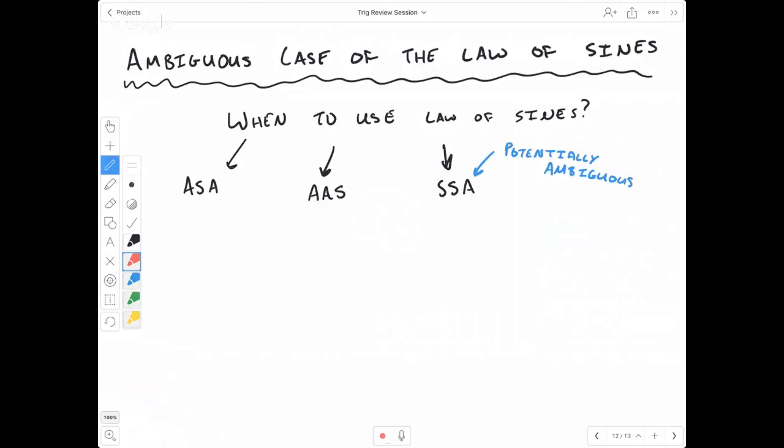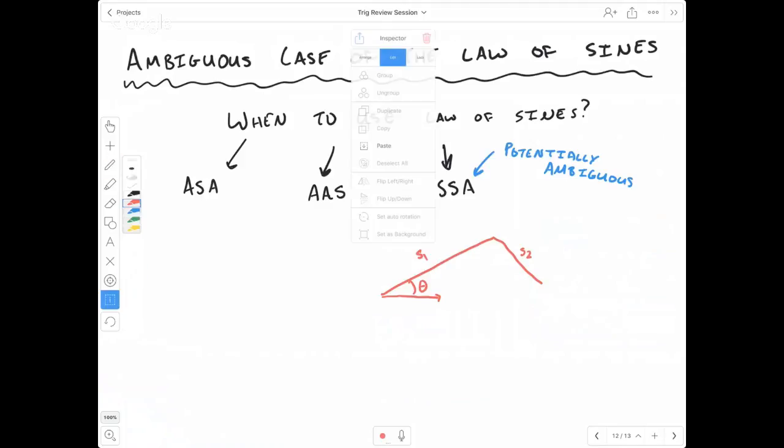The reason it's ambiguous is because you have a given side and a given angle. So you have this side 1 and this side 2 and this angle theta. Then side 2 has 2 potential spots it could go. This is one spot side 2 could go and it would form a triangle.